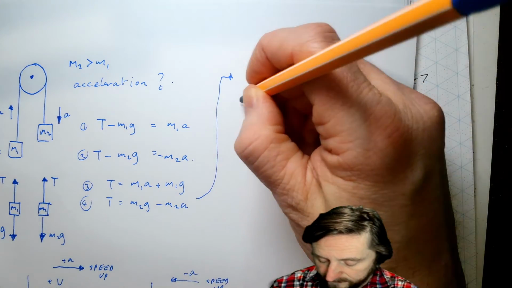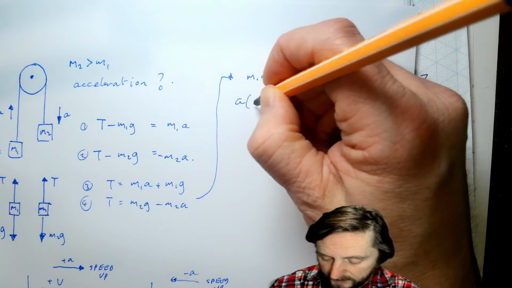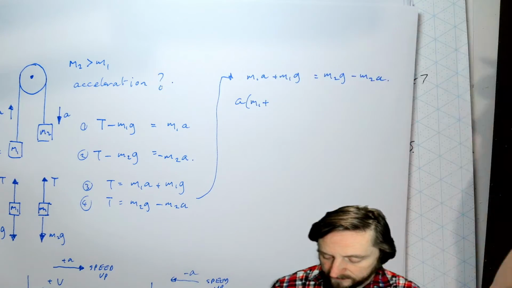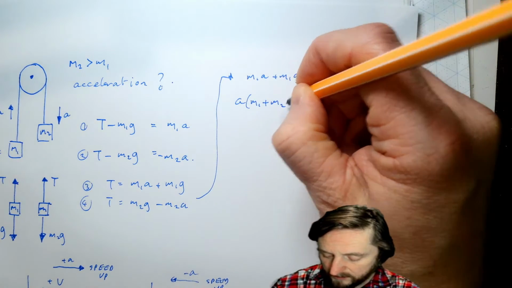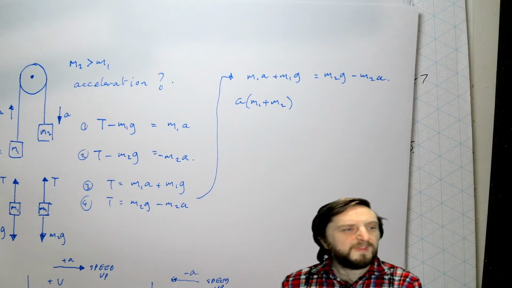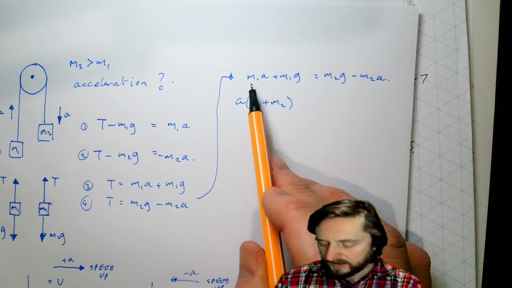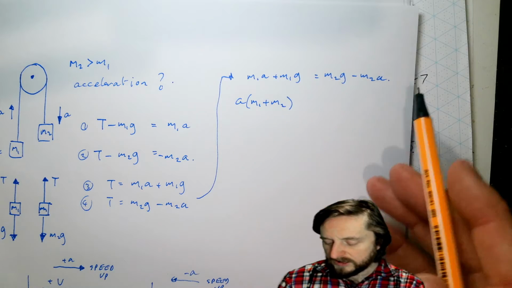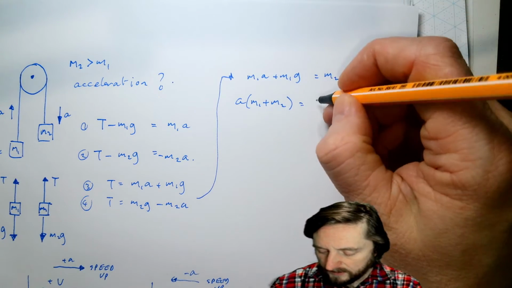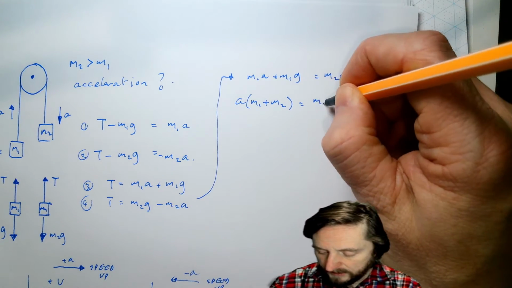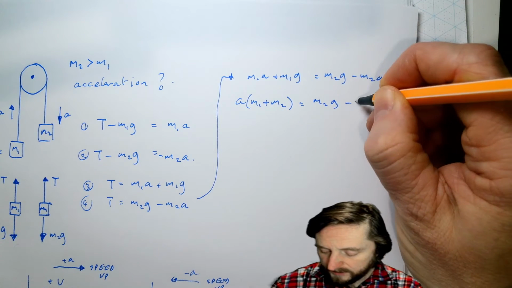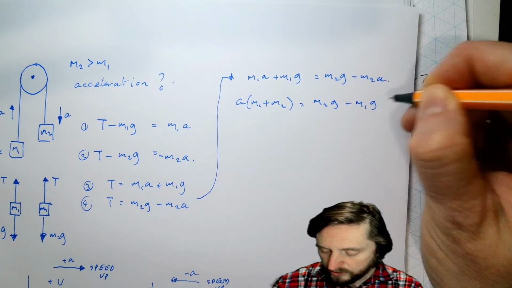So we will have a, I'm going to take them out of the brackets. If you don't get the step I skipped, click pause and see how I did that. So I've taken the a over this side. I'm going to take the g factor to the other side. That's going to become m2g minus m1g.